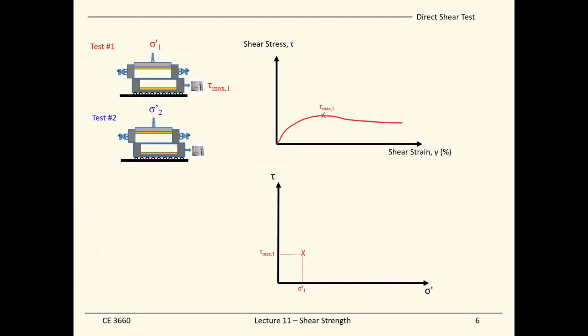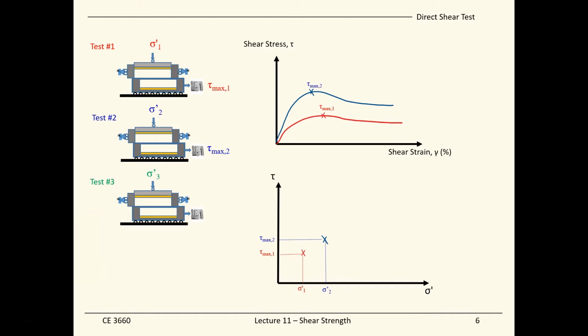Let's call that sigma 2 here. We will do the test again and find another maximum shear stress under the vertical stress of sigma 2. Knowing sigma 2 and the corresponding maximum shear stress, we have our second data point.